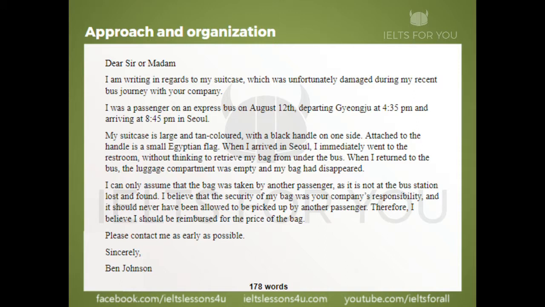If you notice at the bottom, there is a word count there, 178 words. This is ideal length. Okay, there is enough detail to cover all of the parts of the prompt, and there's not anything extra in there that could work against us. Okay, so I think 175 to 180, that is a really nice length for a Task 1 essay or Task 1 letter.